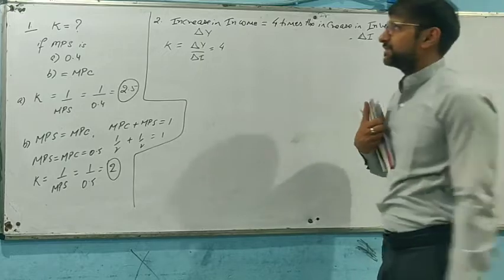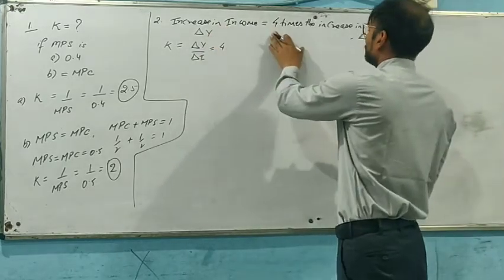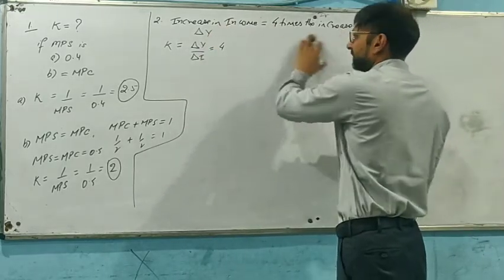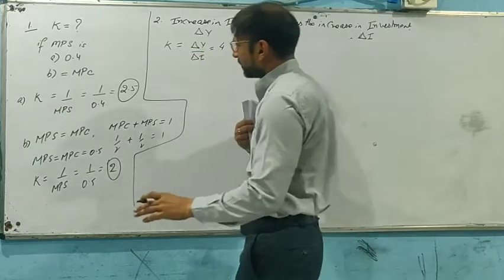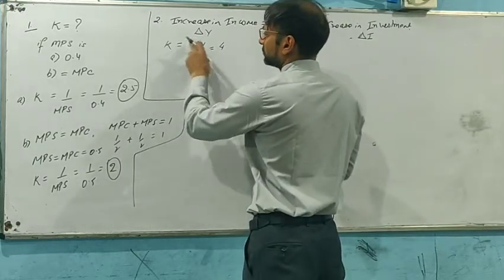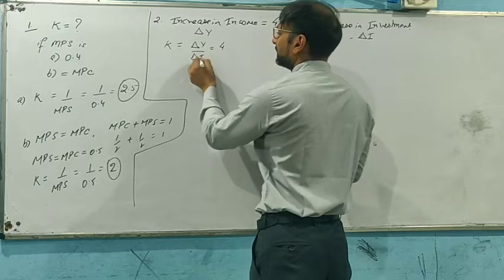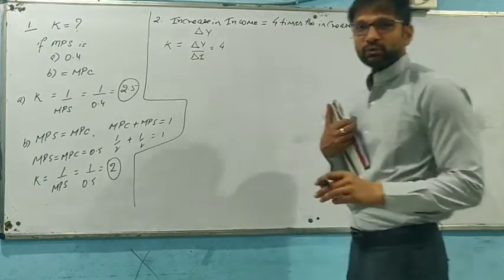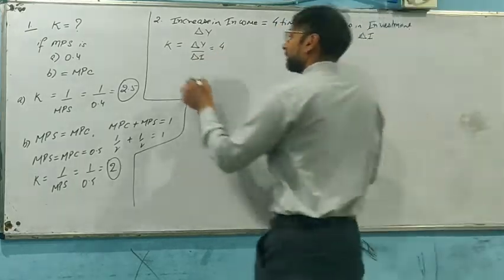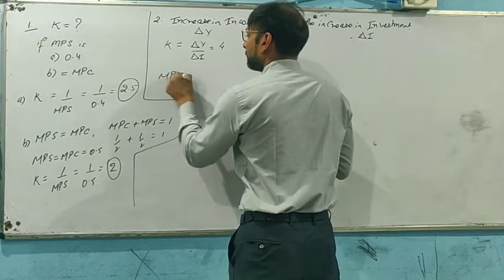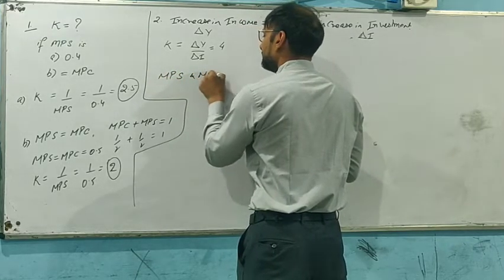So question says, increase in income equals to 4 times the increase in investment. So we are putting into the formula that K also equals to delta Y upon delta I, and that is given as 4 times. Now what we need to find out? We need to find out MPS and MPC.